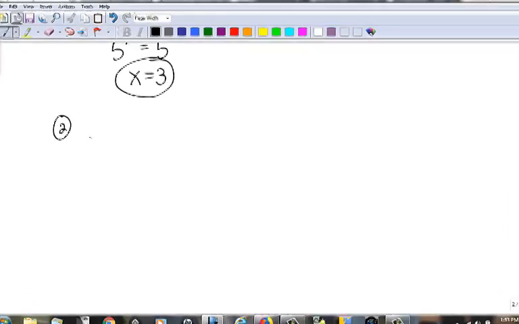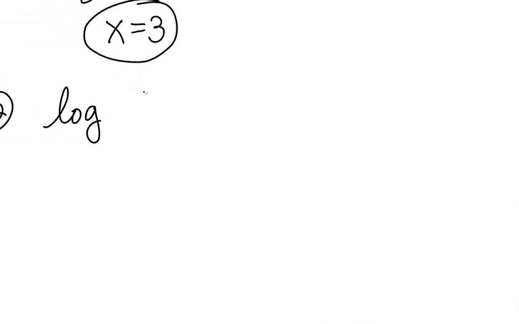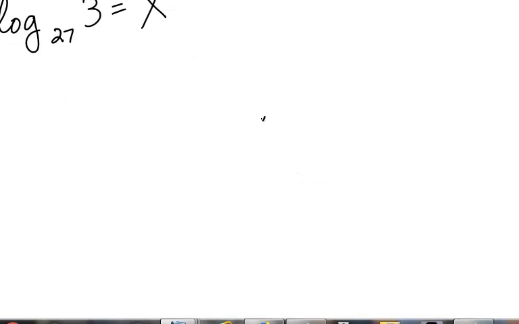Okay, second example. Say you have log of 3 base 27. Again, the author's going to write it like that. I want you to set it equal to x. You're in logarithmic form, go to exponential. 27 to the x power equals 3. Get the bases the same.